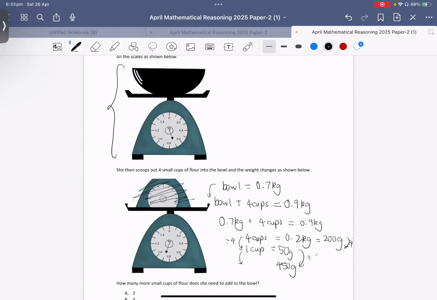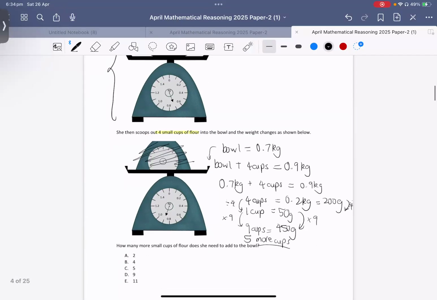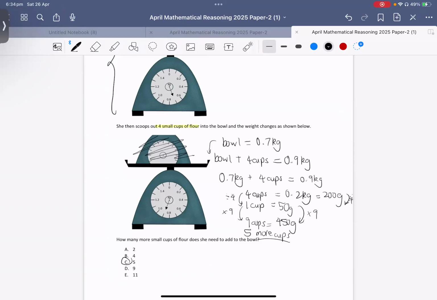We would need to multiply both sides of the equation here by 9. We need 9 cups of flour to reach 450 grams. And remember, we've already put in 4 cups of flour, meaning that we only need 5 more cups. Okay, so that's why the answer to question one is C.